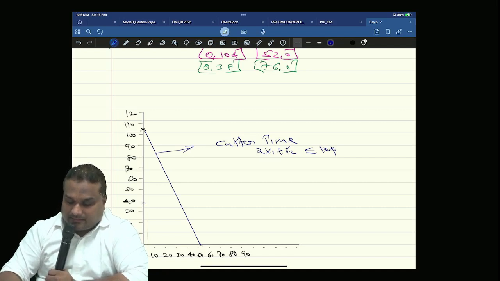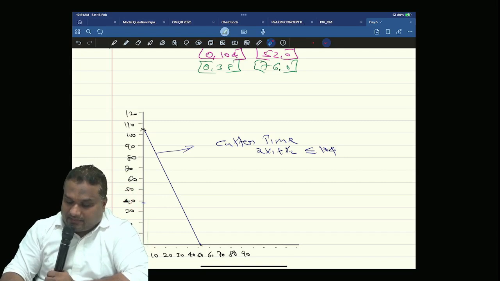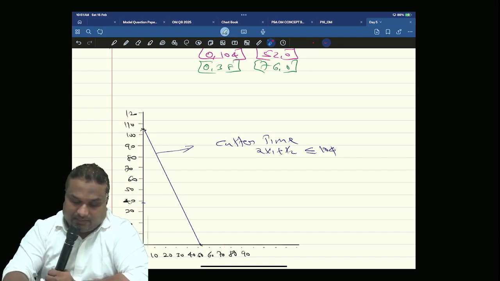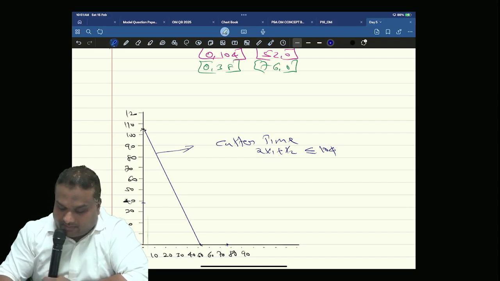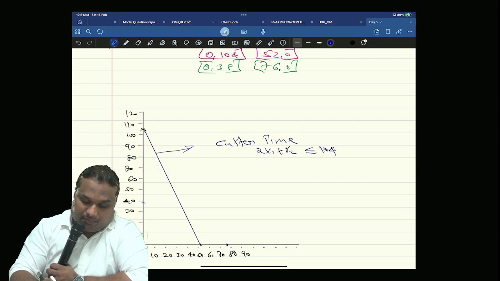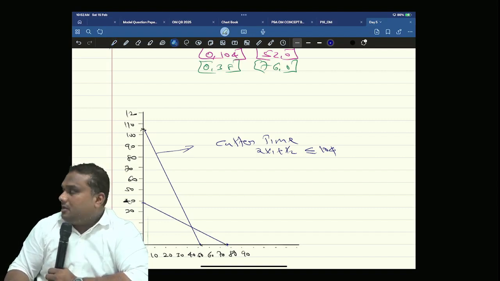Somewhere here is 38. Correct? 0, 38, 76, 0. 76 will be somewhere there. I will not be able to do it perfectly. Let us try. Now it's very simple. See? Oh, great.